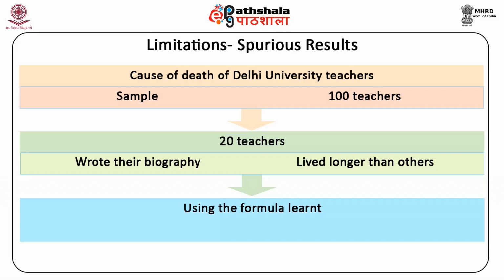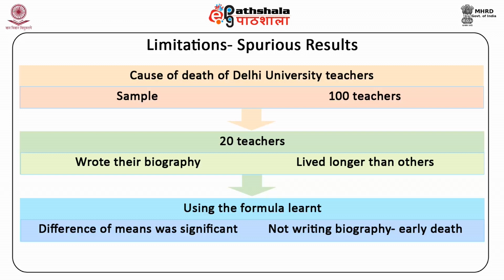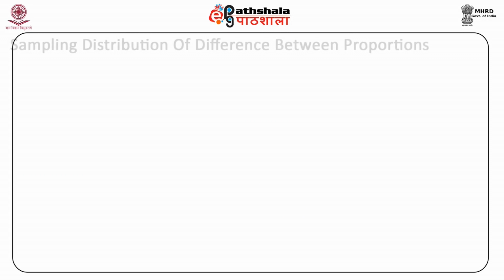When the above formula was applied, it was found that the difference of means was significant, which implies that not writing a biography results in early death. This is an illogical reasoning behind the death of Delhi University teachers. Therefore, it results in spurious results.